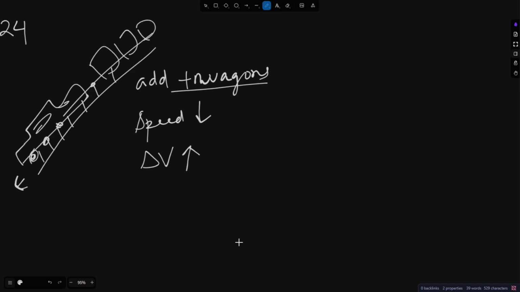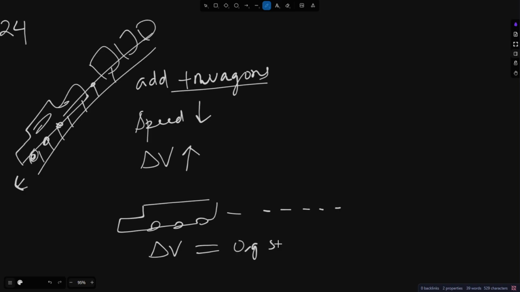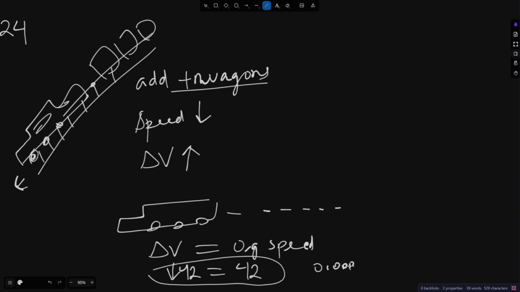So when will we achieve this situation? When will the train move so slow that its delta V becomes equal to its original speed? If original speed is 42, when will the change in speed become 42 as well? Because then the train is moving super slow. That's what we want to find out.